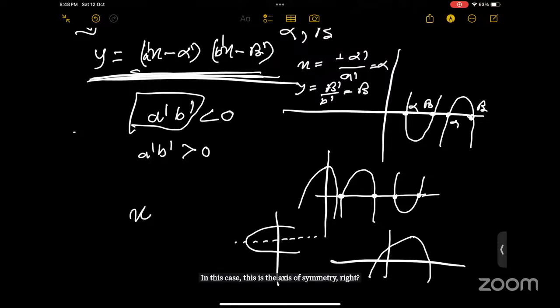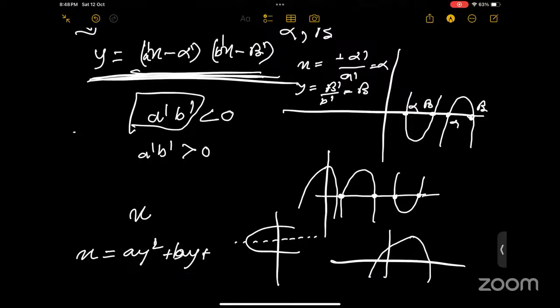So then you have to express the equation in such a way. If you can express this as a quadratic in y, then the axis of symmetry will be parallel to the x-axis. In that case, we will get this type of picture.